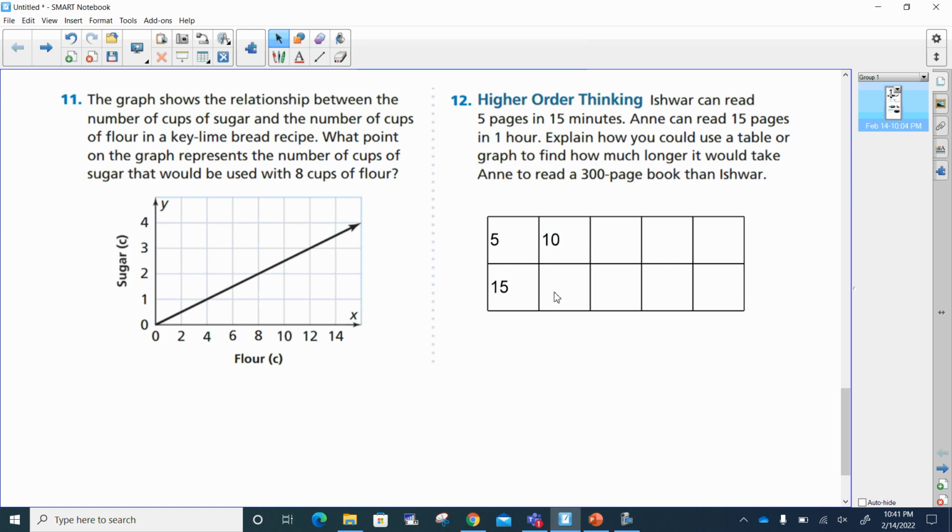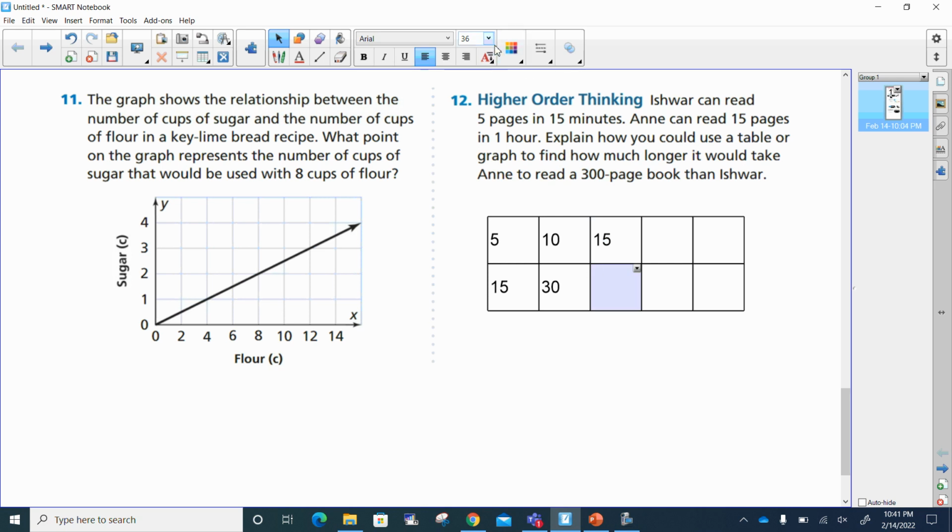And that would mean 15 more minutes would go by here to make this 30. Okay, and then go here. That would be 5 more, which would be 15.